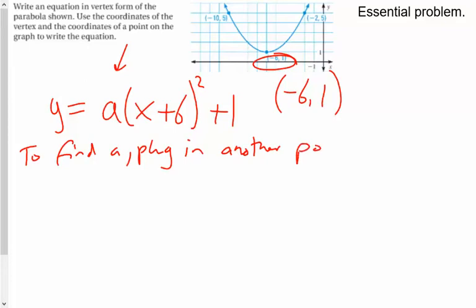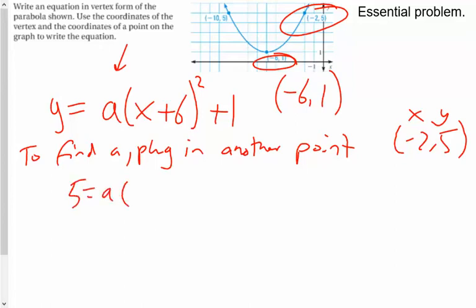And we've done this before when we've dealt with linear equations. I'm going to use (negative 2, 5). I'm going to use that point right there. It doesn't matter which one. This is my x value, negative 2, and y is 5. So 5 equals a times (negative 2 plus 6) squared plus 1. 5 equals a times 16 plus 1.